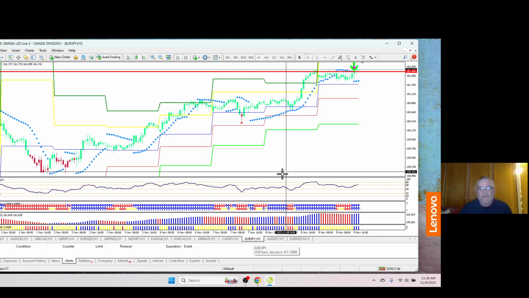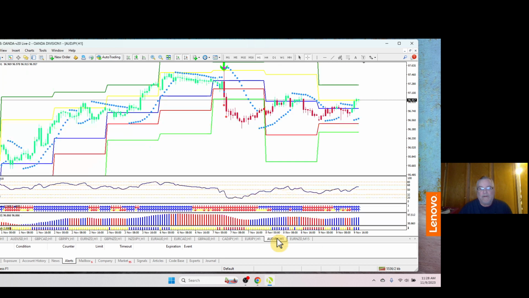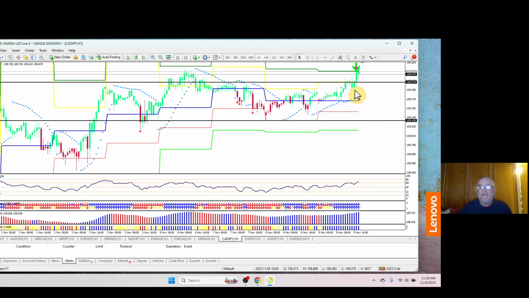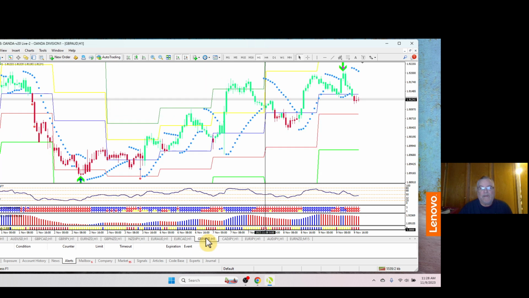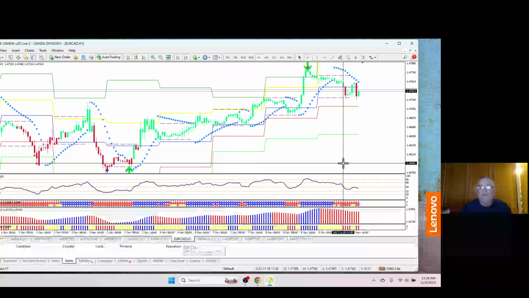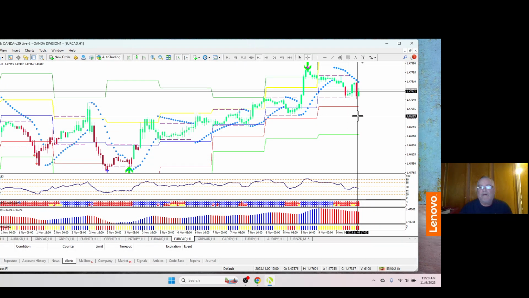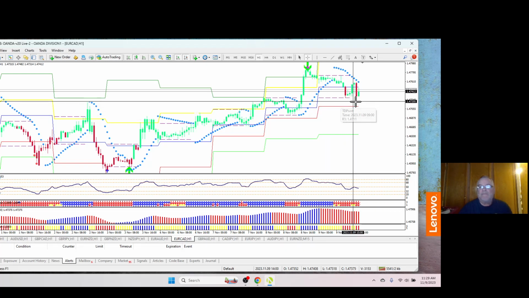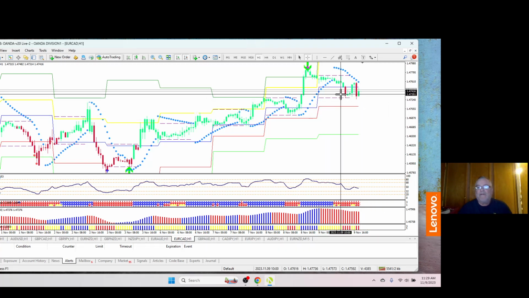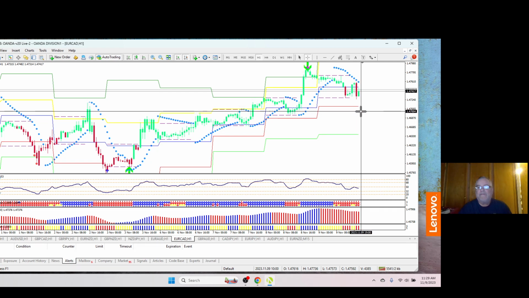I'm keeping an eye on the Euro yen and the CAD yen. Pound Aussie needs a push up for a sell. Euro CAD, it's in a sell because it came up and spiked up there and it's sold off.